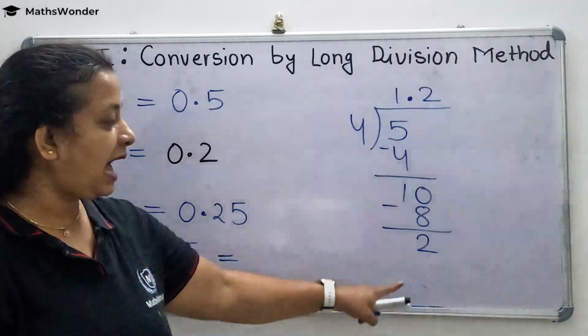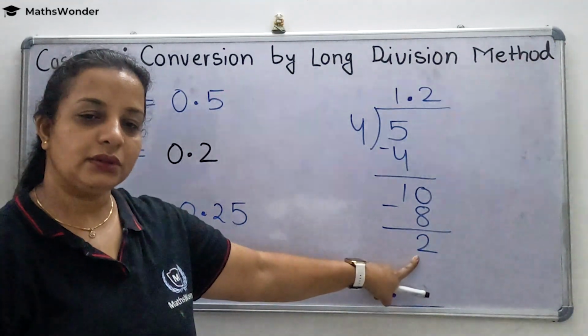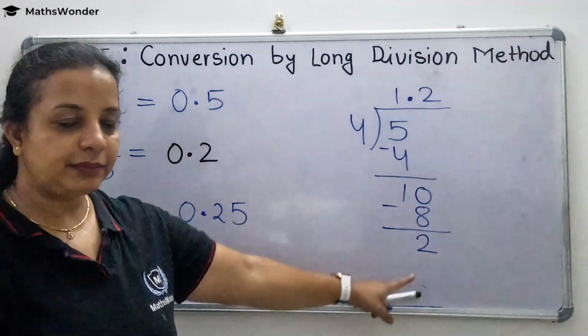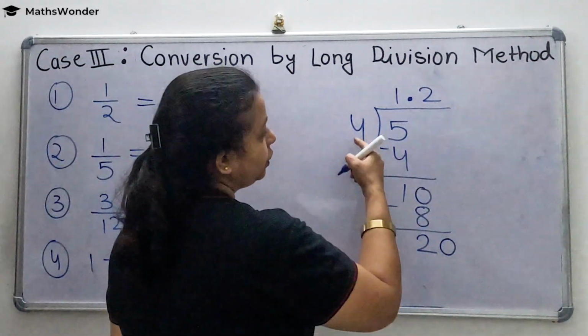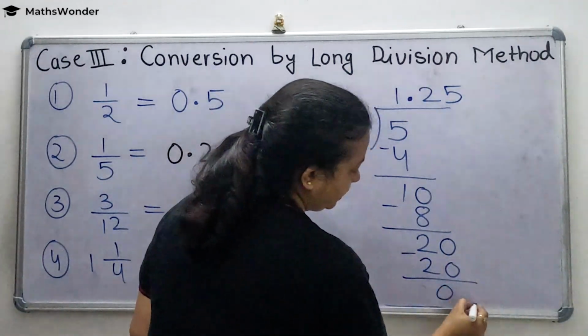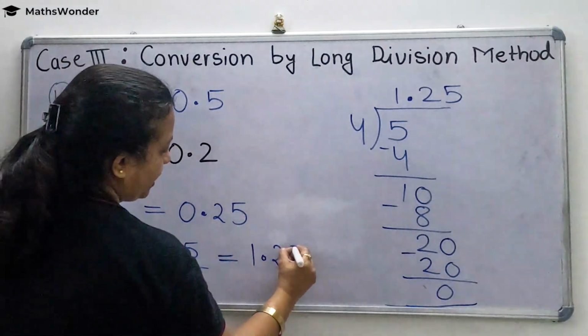Now can we add 0 after 2? Yes. So 4 times 5 is 20. Now we got the remainder 0. That means your answer is 1.25.